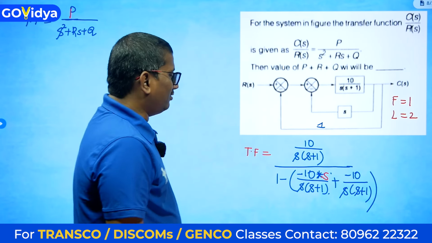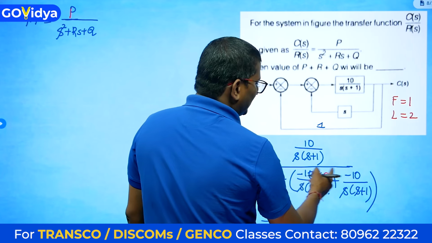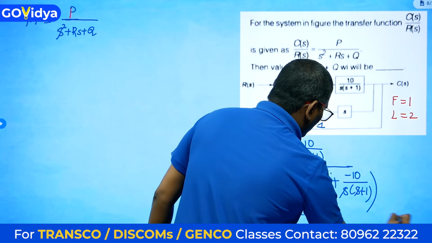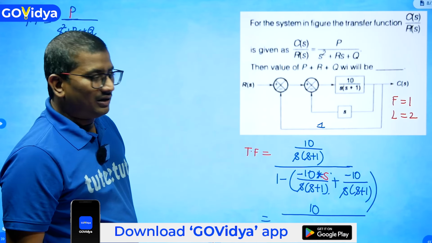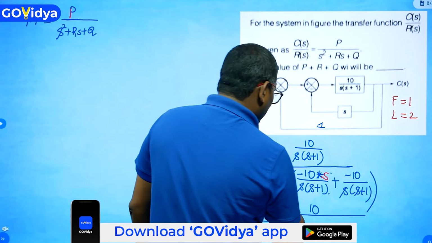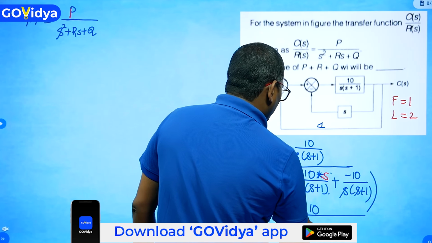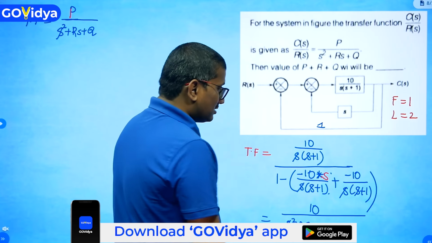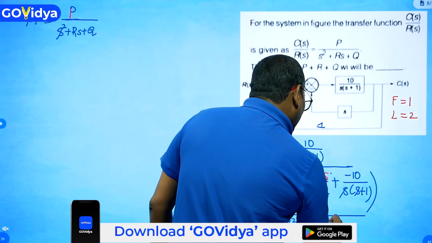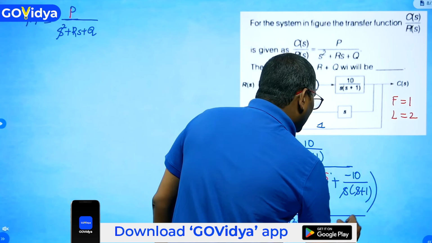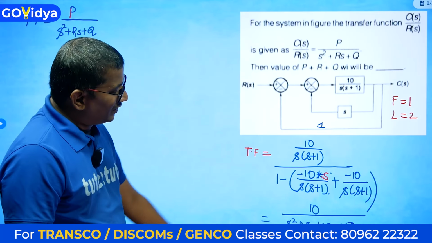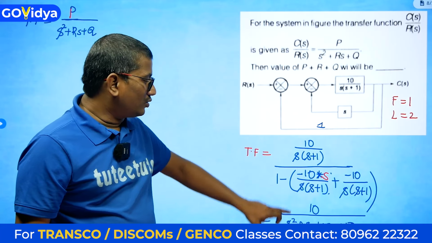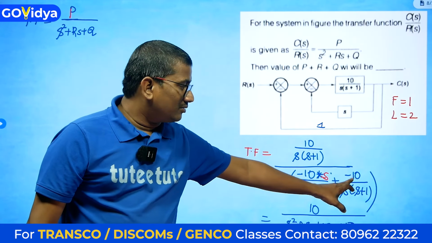Correct, na? So now if you take LCM and take minus outside, minus into minus is plus. So the numerator is 10, whole divided by what is left in the denominator. S square plus S, plus 10S plus 10.